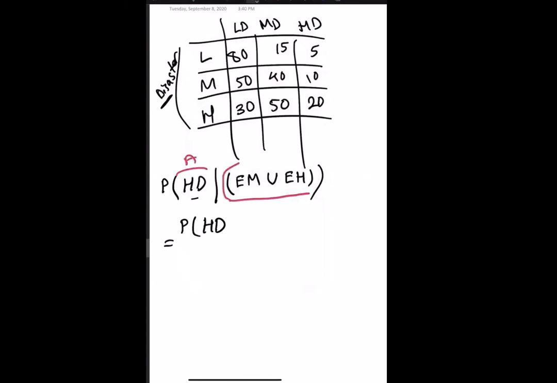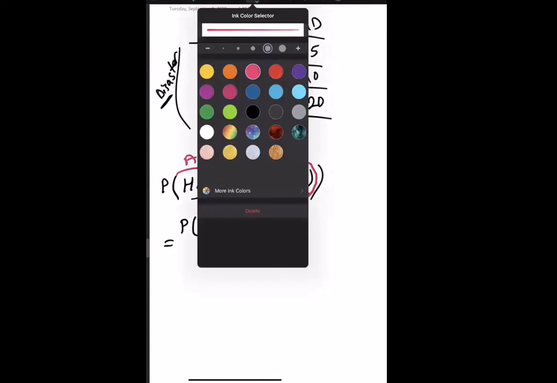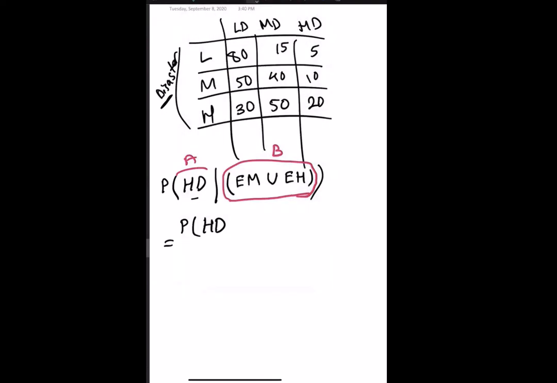And this is B. How do you write probability of A condition B? Just tell me simple formula. A intersection B divided by probability B. And EM union EH, that's my B, probability of A and B divided by probability of B.